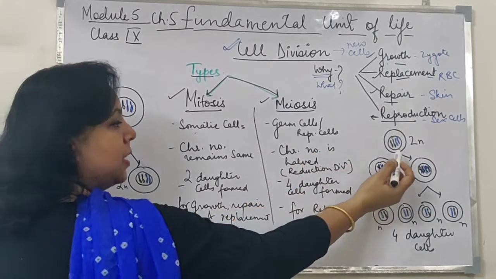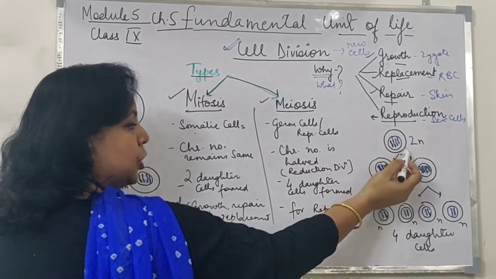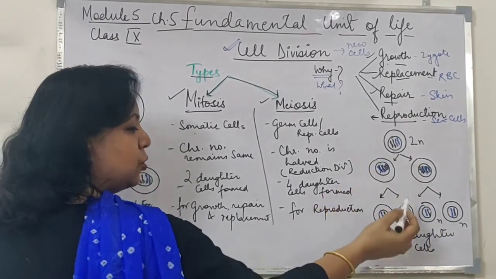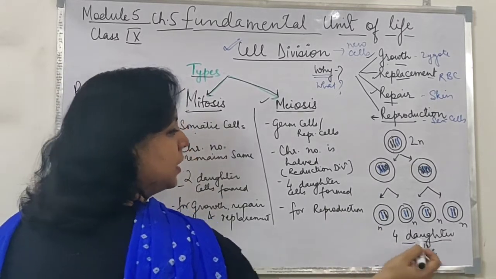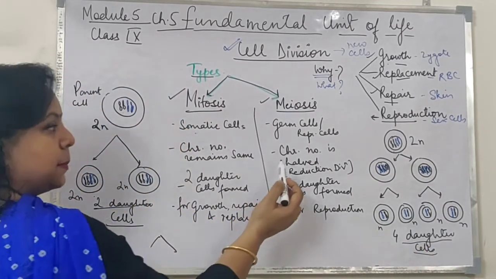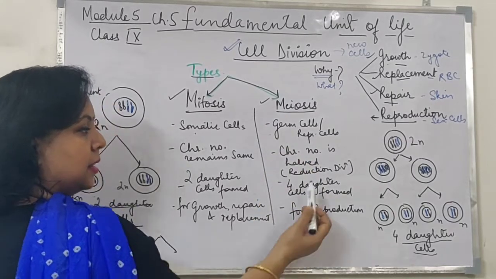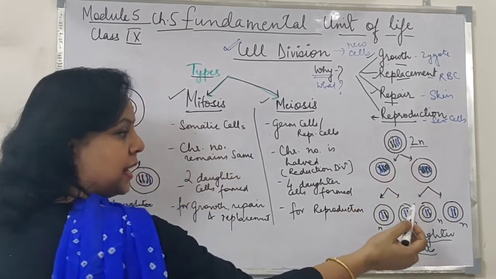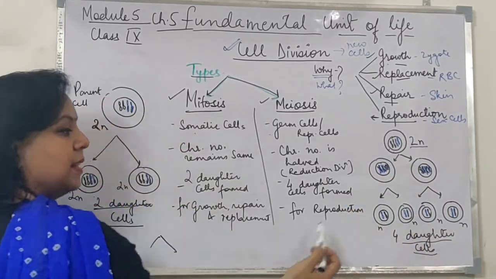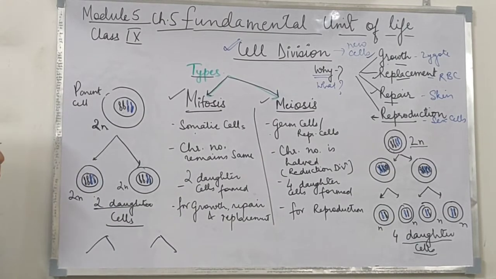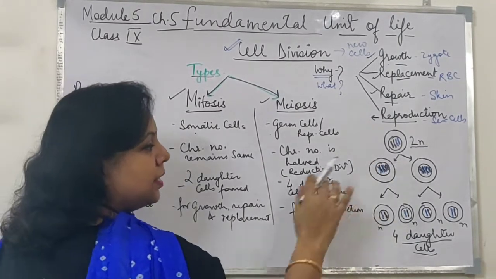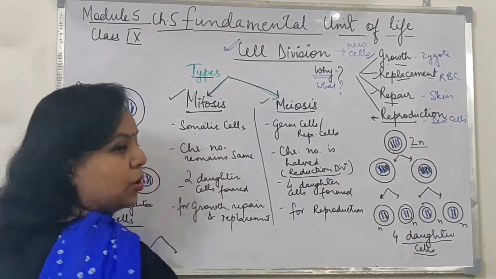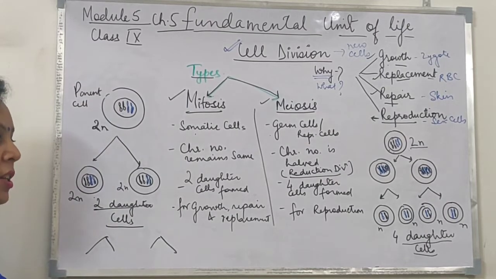However, if you come here in meiosis, the chromosome number becomes halved and it leads to the formation of 4 daughter cells. It takes place in germ cells. Here you can see 4 cells, and over here you can see 2 chromosomes in each of these daughter cells. That means here the chromosome number gets reduced. Due to this reason, it is also known as reduction division.